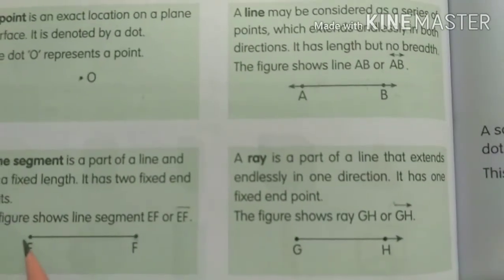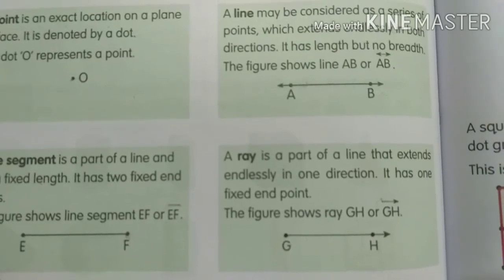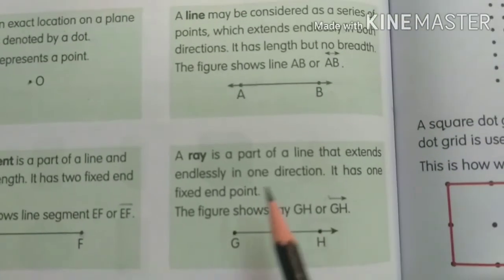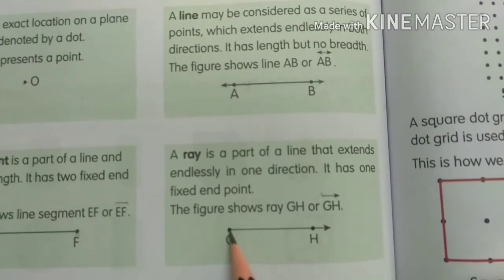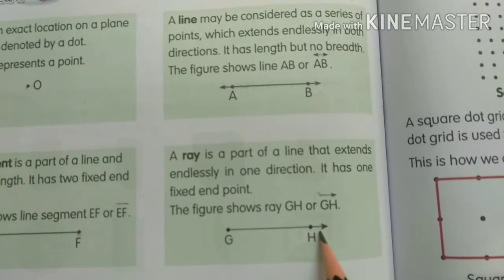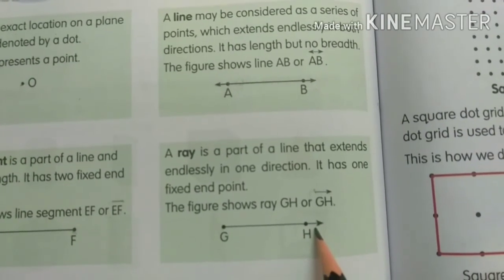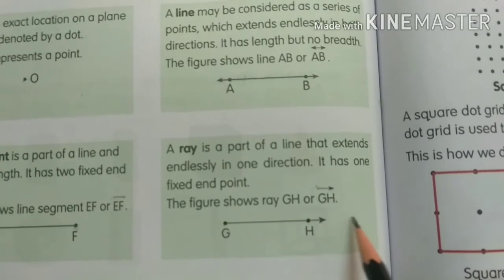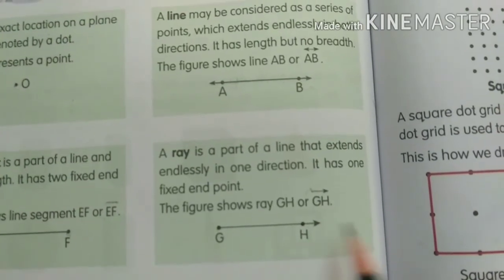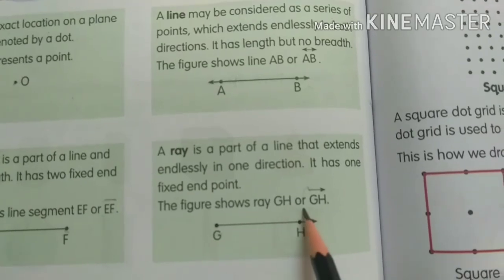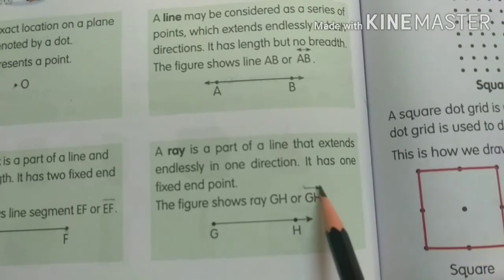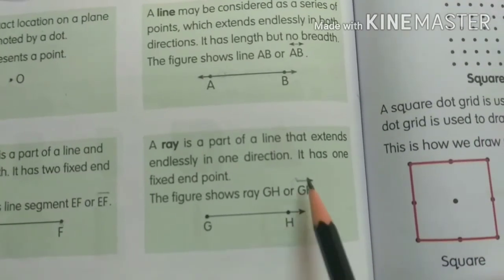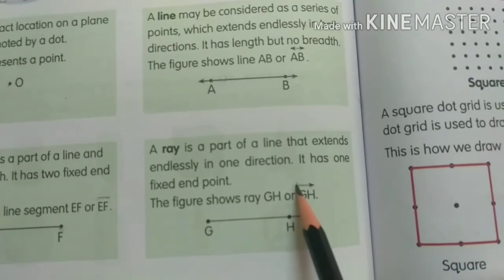Line segments have end points in both directions. A ray has one fixed point, that is an end point, and extends endlessly in one direction. The figure shows ray GH. This is the sign of a ray. Ray GH means one side has an end point and the other side has no end point.